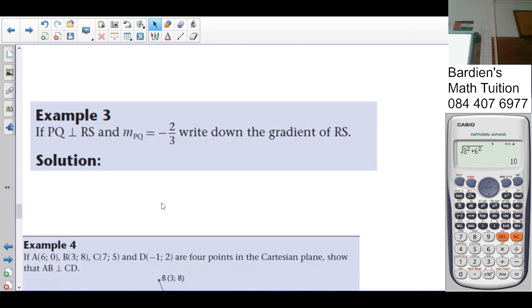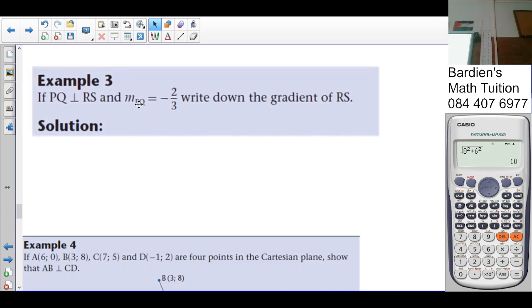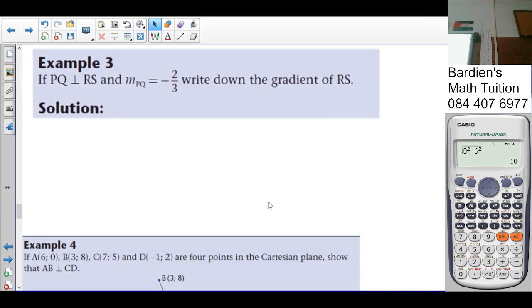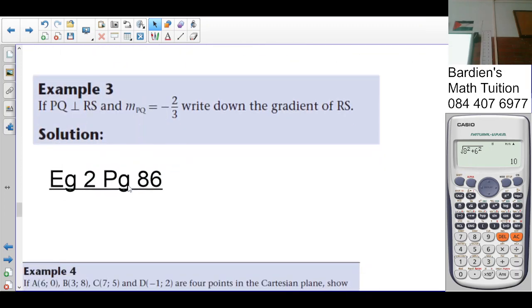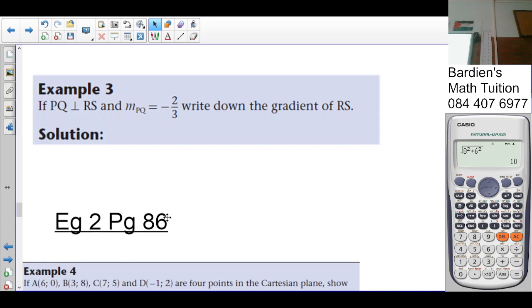Right, example 3. We know that if lines are perpendicular, the product of the two gradients is negative 1. So if PQ is perpendicular to RS, the question says write down the gradient of RS. The gradient of PQ times the gradient of RS will always be equal to negative 1, not so?